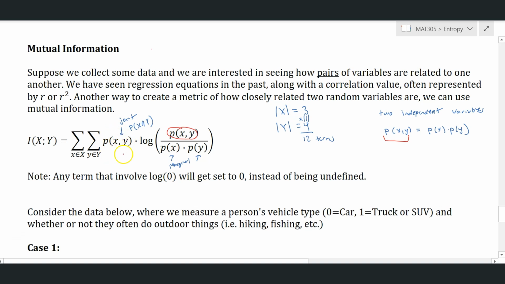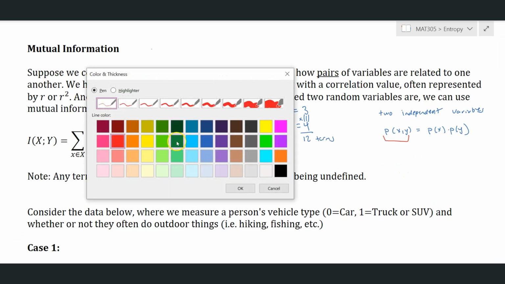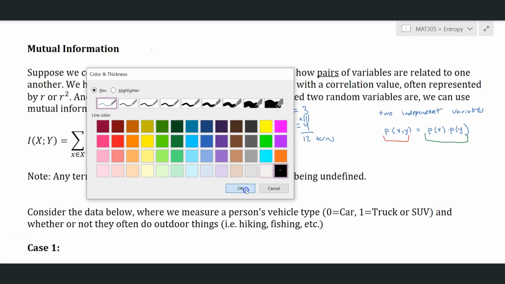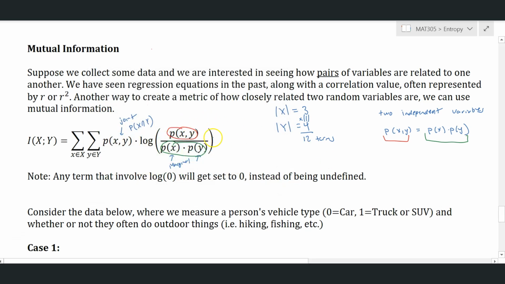It gives us a weight for each term based on the joint probability, and you divide that by the product of the marginal probabilities, which is this. Well, if they are equal, then this ratio would be 1 inside of that parenthesis, and the log of 1 is equal to 0.